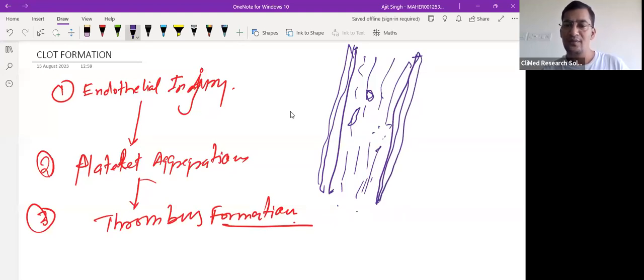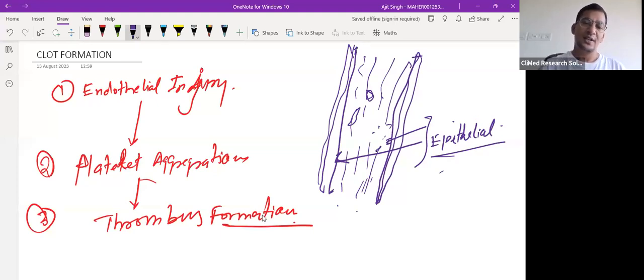So here when we are talking about one vessel, the inner lining of the vessel is called as epithelial. Epithelial or epithelium. Okay, epithelial injury or epithelium, not endothelium, epithelium injury.